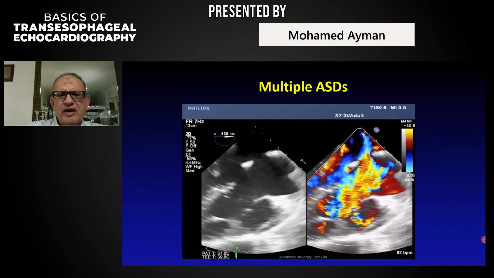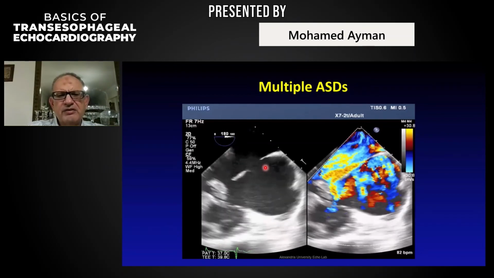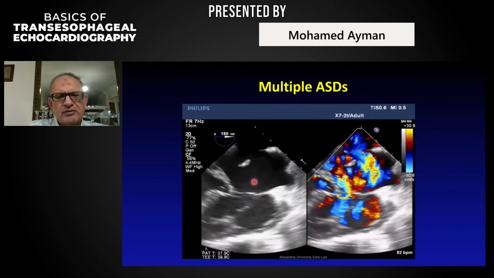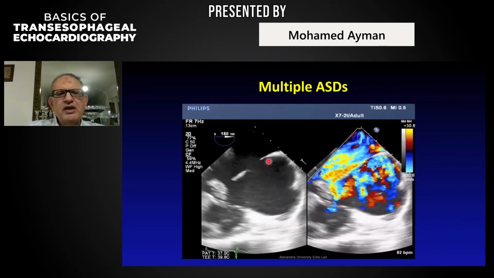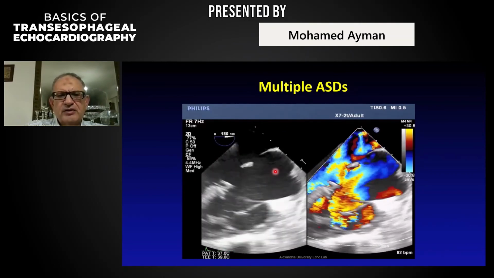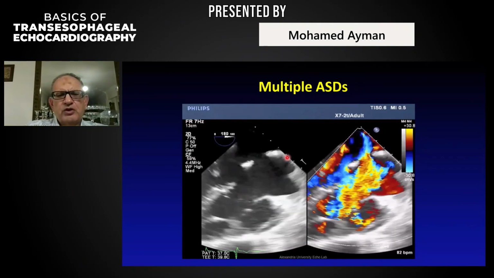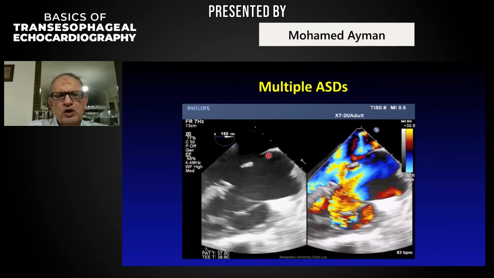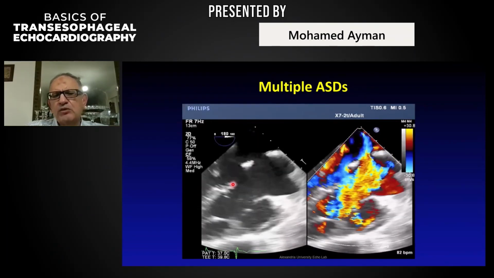Also, TEE has another advantage. Sometimes in patients with atrial septal defects, the defect is actually not a single defect. Sometimes there are multiple ASDs. In this patient, we have a defect here and another defect here. So this is very important because if the surgeon or the interventionist is going to close one of them, he's going to miss the second one.